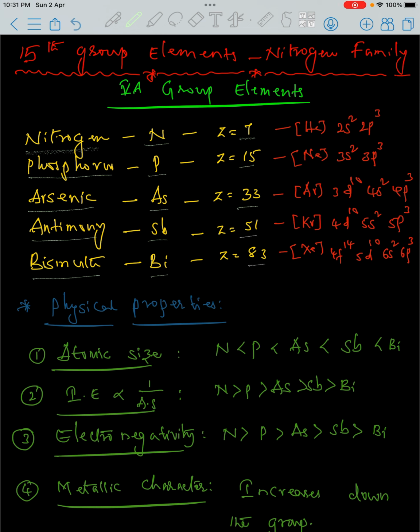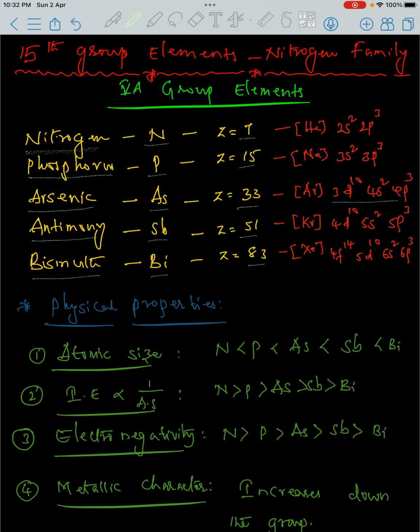Here I have given the electronic configuration of 15th group elements. Nitrogen is [He] 2s2 2p3, phosphorus is [Ne] 3s2 3p3, and arsenic is [Ar] 3d10 4s2 4p3. [Kr] 4d10 5s2 5p3 is the electronic configuration of stibium, which is also called antimony. Bismuth is [Xe] 4f14 5d10 6s2 6p3.